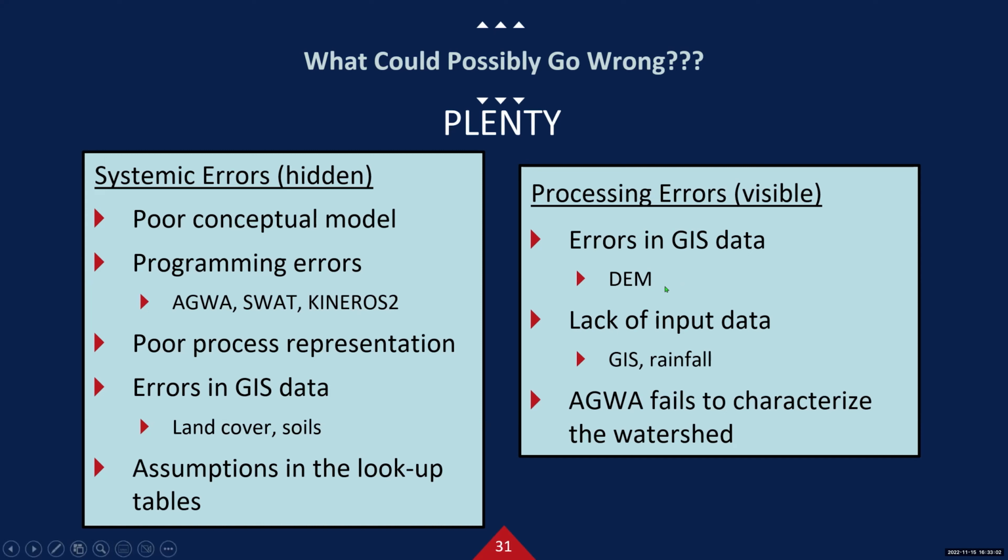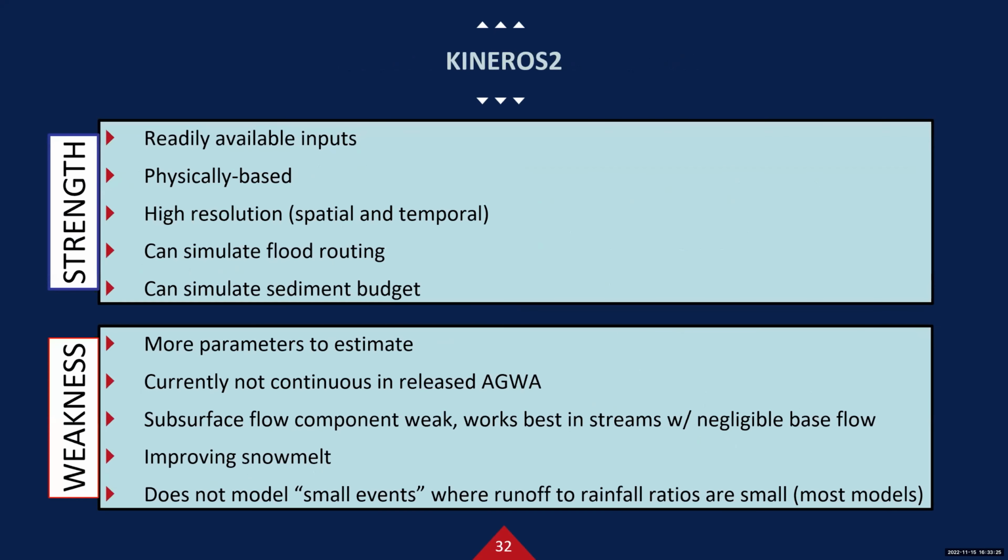They're much better now. And again, lack of input data. And AGWA may fail to characterize the watershed properly, again, with just that limited information, DEM, soils, and land cover. So just wanting to make you aware of all of these things. And use the model, but use it responsibly.